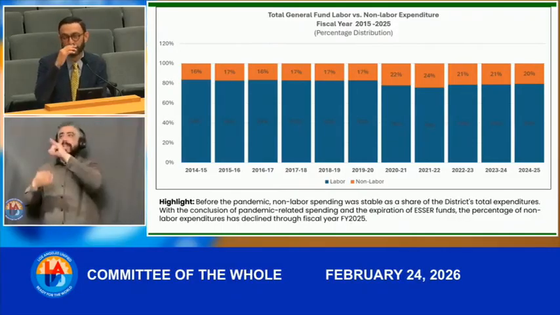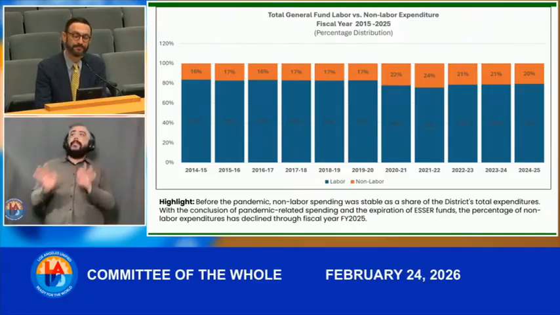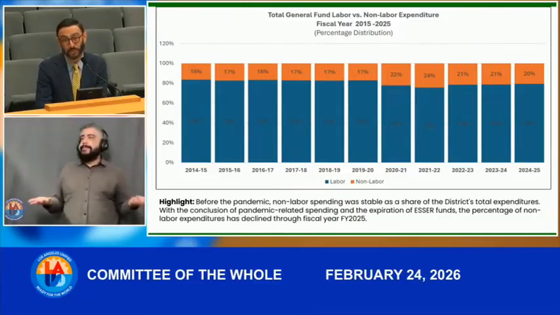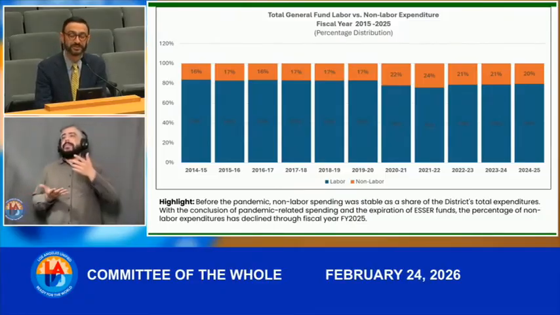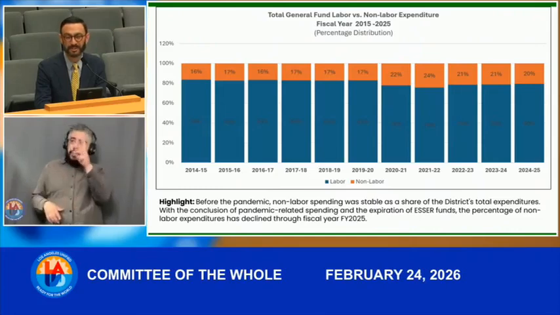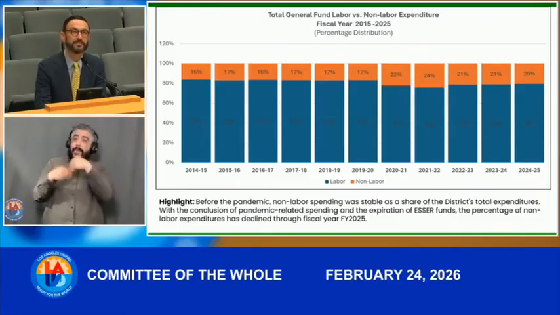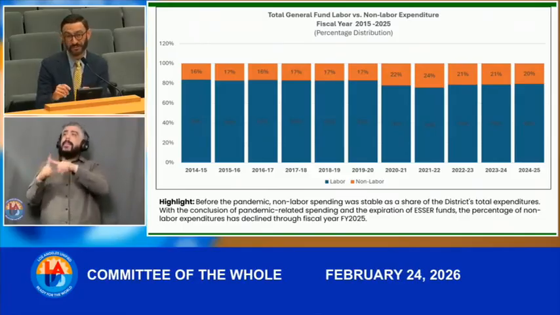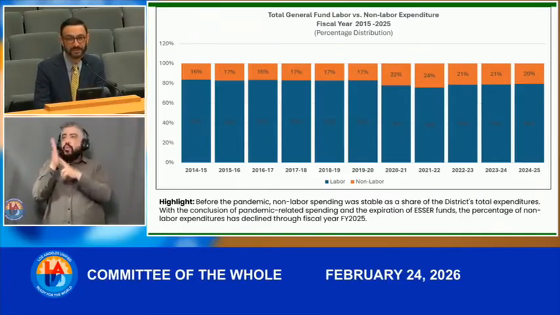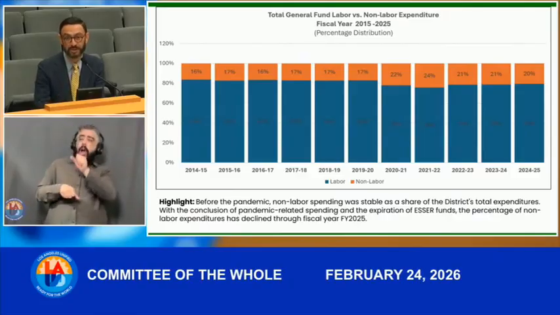So that would include important things like psychiatric social workers, attendance counselors, a lot of the expenditures that are still providing direct services to students, but are not based on the rules of the calculation included in the 55%. But you're absolutely right that non-labor spending does contribute to that as well.